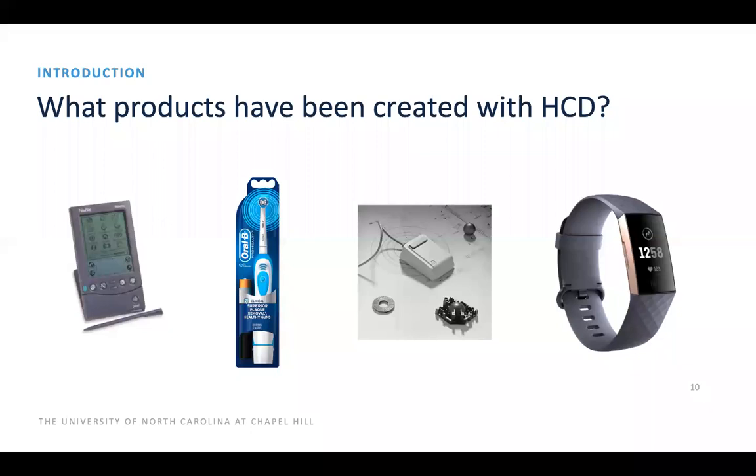It's easy for us to think about this in terms of everyday products that we might have seen and even used ourselves. The companies that put forth Palm Pilots, Oral-B toothbrushes, Apple's computer mouse, and Fitbit are all companies that have embraced human-centered design approaches and made sure that they've understood the wants and needs of their customers in order to develop many ideas to test with real people before settling on the ones that they take to market.